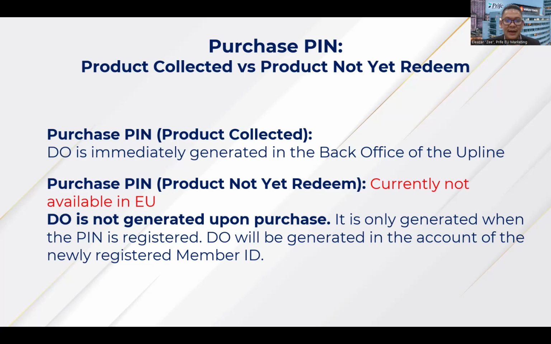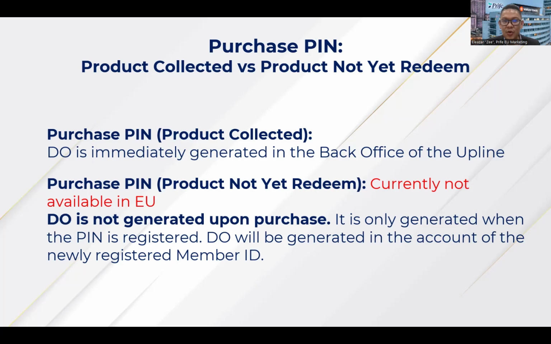Second is the product not yet redeemed. Currently, this is not usually available in the EU, but soon we might reintroduce this again. The difference is the DO is not generated when you make a purchase. It is only generated when the PIN is registered, when the new account is registered.